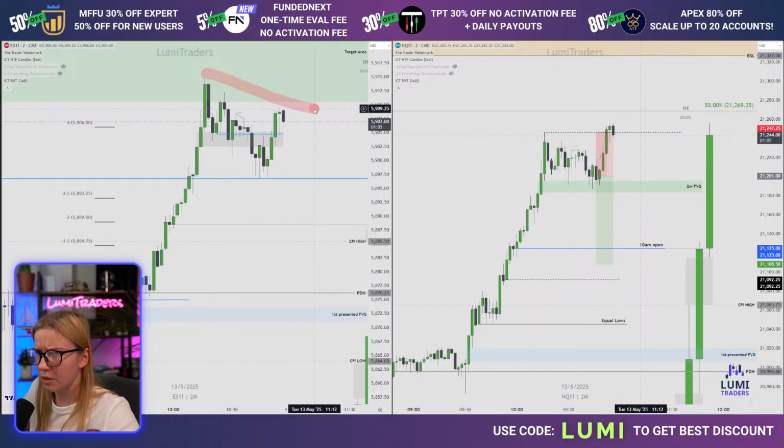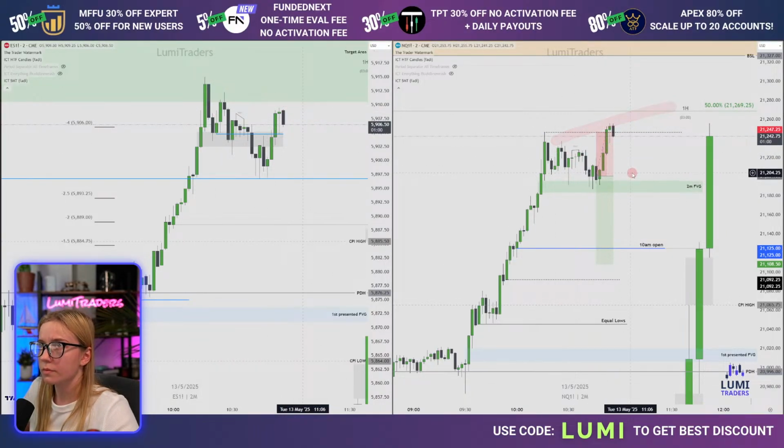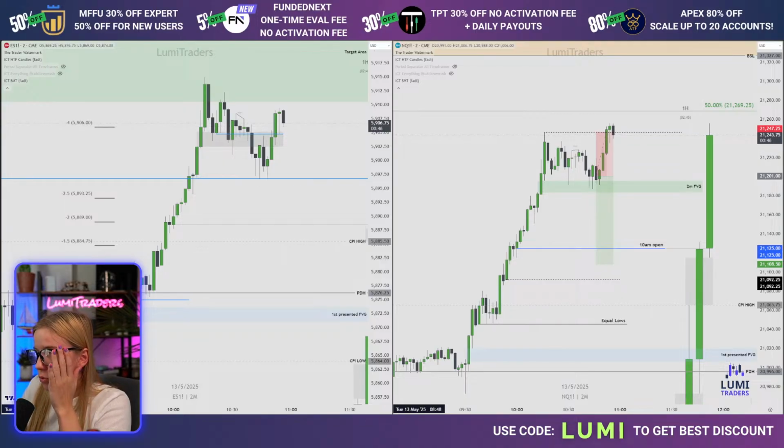ES is struggling right now. Let me check SPX. SPX is inside a daily order block, by the way, near the mean threshold.